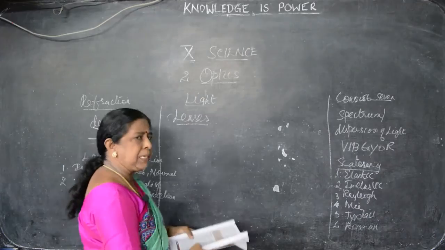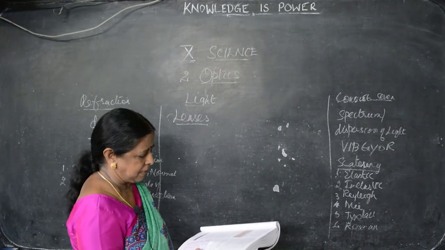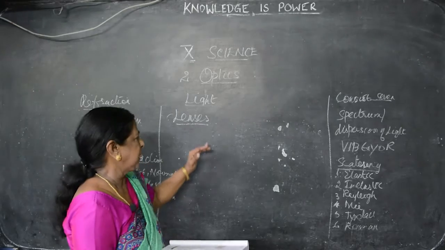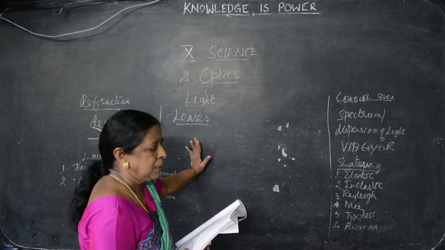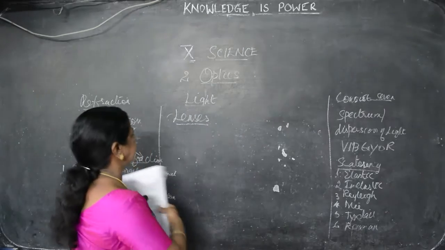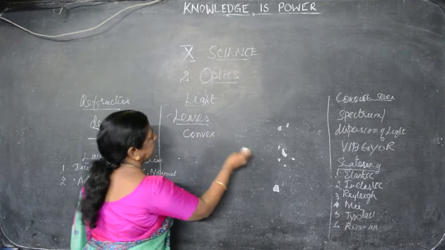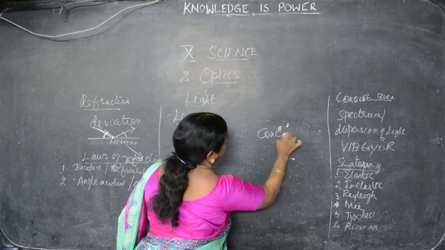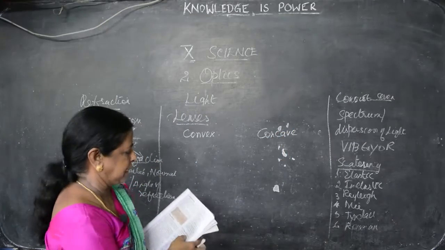It is an optically transparent medium bounded by two spherical refracting surfaces or one spherical refracting surface. Either it may be two spherical or one spherical. Spherical means what? Round. So, there are two kinds of lenses, I said. One is convex, the other one is concave. Side by side we will see the differences also. Convex lens and concave lens.